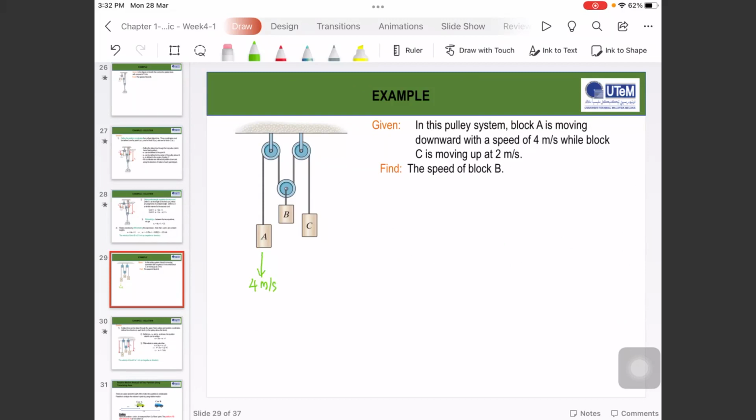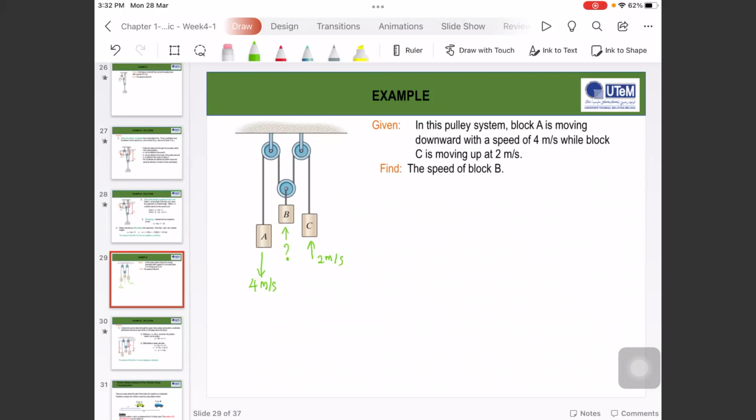While block C is moving upward. So what is, kalau A ke bawah, what is block B? What is B? Tahu kan? So what is VB? So equation ni you guna gunakanlah kaedah dependent motion.